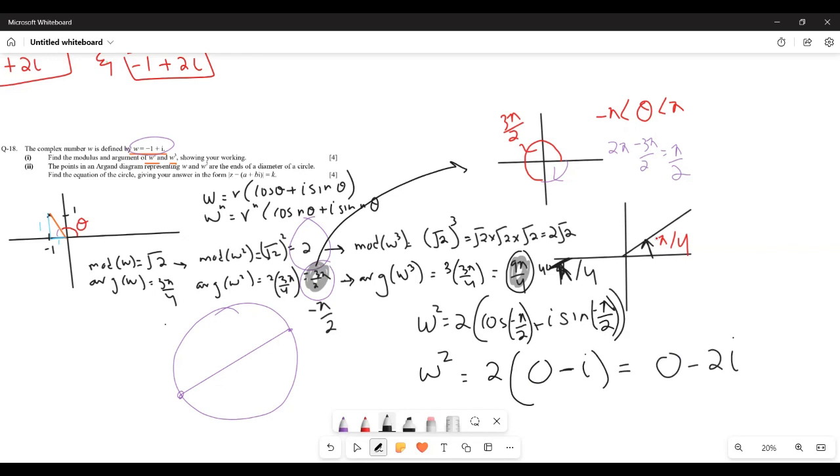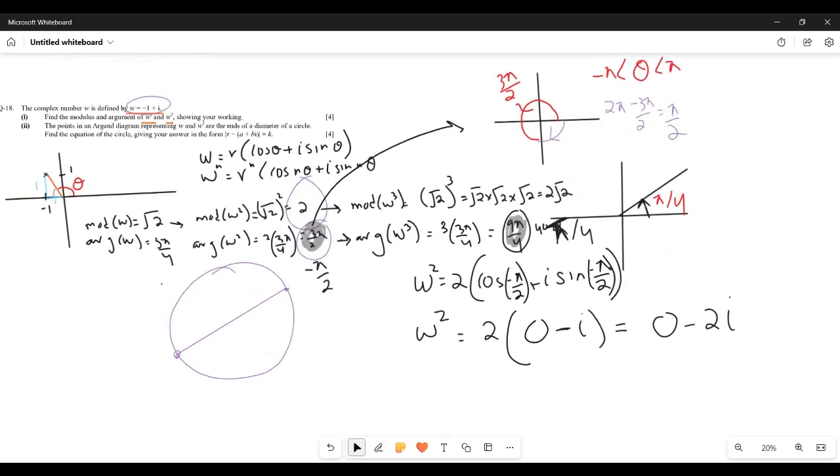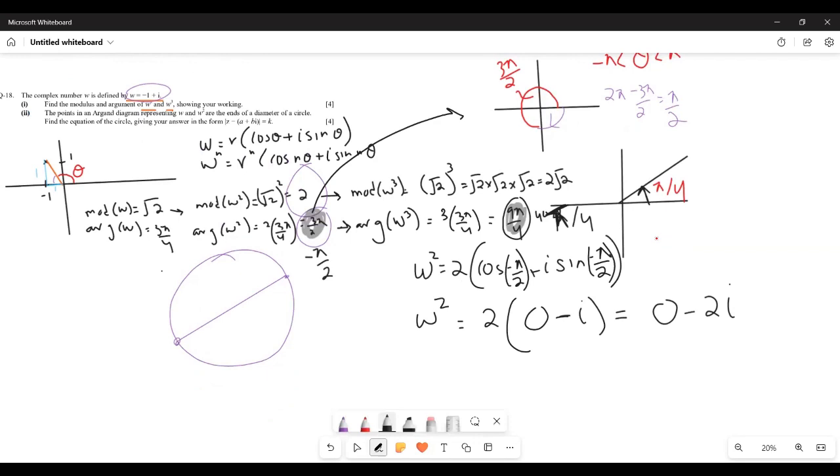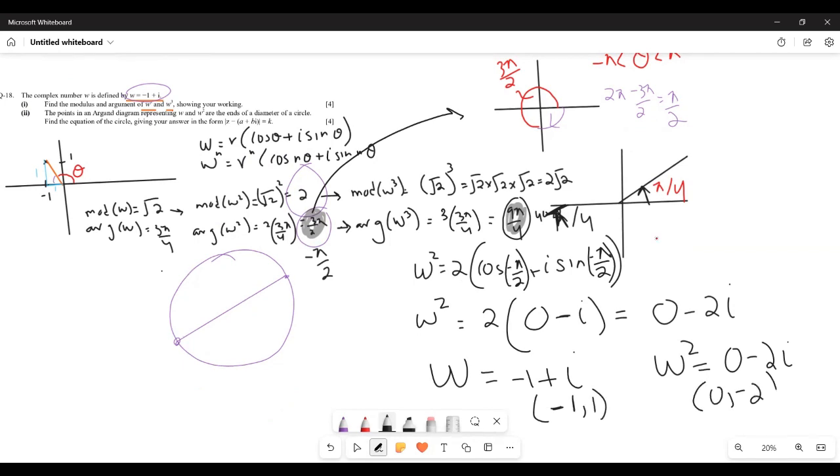The points on an Argand diagram representing w and w square are the ends of the diameter of the circle. All right. So what is w and what is w square? w was minus 1 plus iota, sorry. And w square is 0 minus 2 iota. So as a coordinate, this is minus 1 comma 1, and this is 0 comma minus 2.